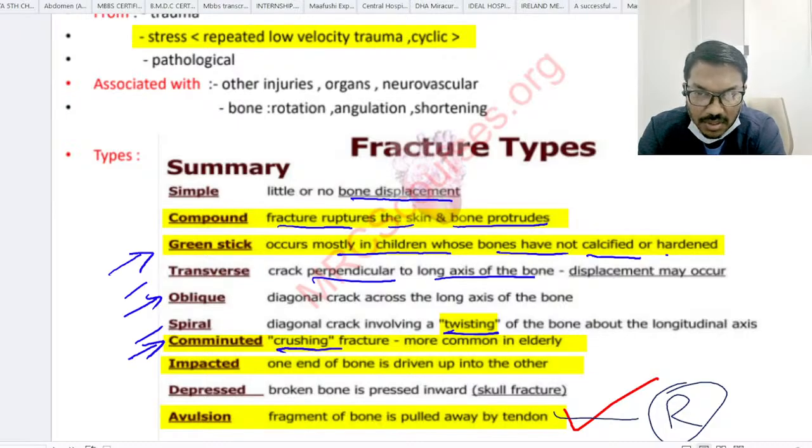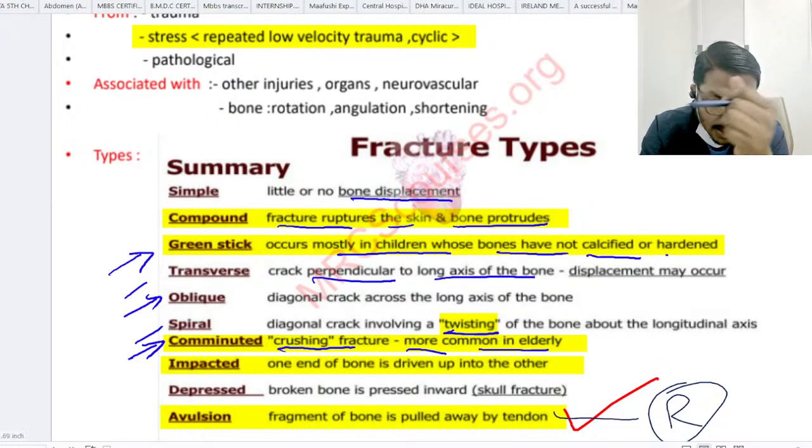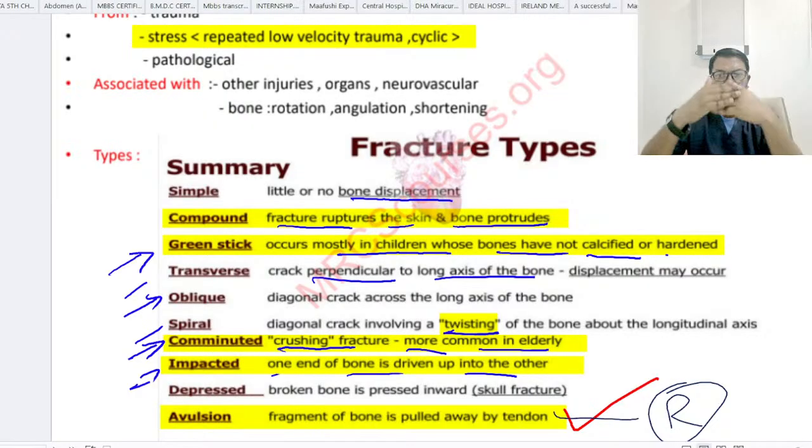Comminuted, crushing fracture, more commonly in the elderly. More than two fragments is actually a comminuted fracture. We have seen patellar fracture, comminuted patellar fracture. Remember? Impacted fracture: one end of the bone is driven up into the other. Impacted is like this, overlapping.